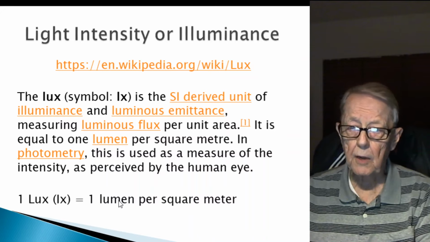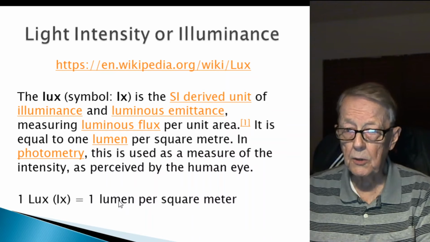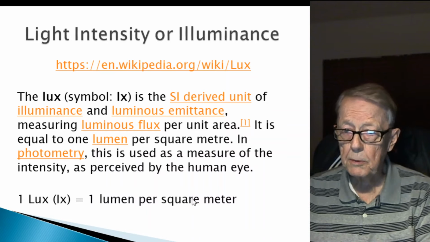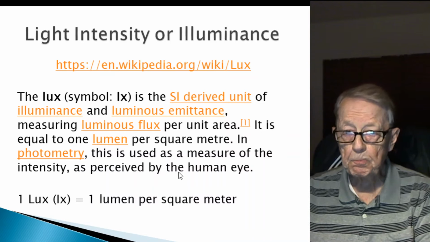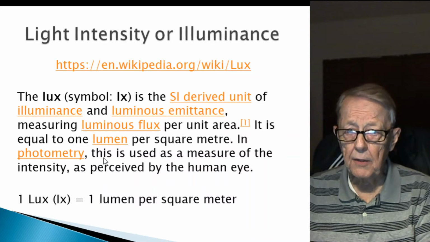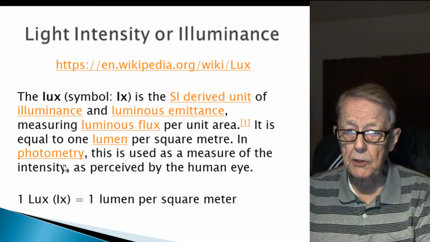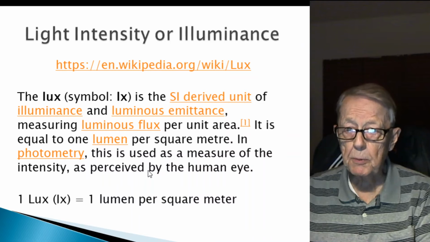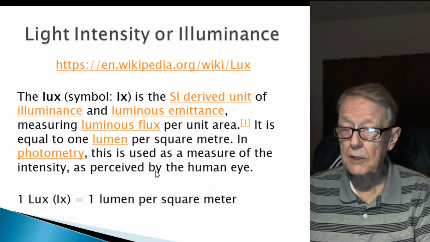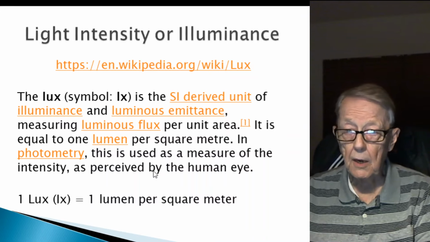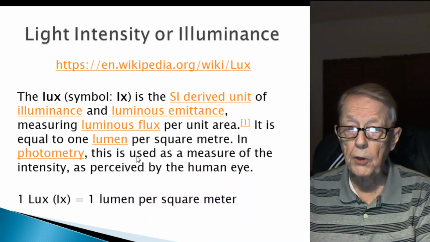Light bulbs can often be rated in lumens, but this is lumens per square meter, which kind of gives you a sense of intensity. Interestingly enough, in photometry, lux is used as a measure of intensity as perceived by the human eye. So it actually relates to our own human experience.